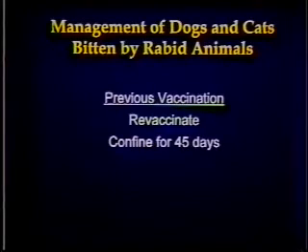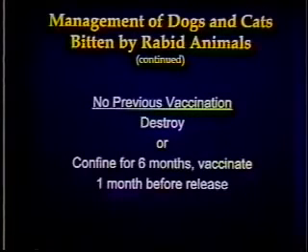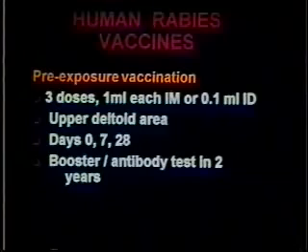If that animal did not have a valid vaccination previously, then that animal is quarantined for 6 months, or preferably destroyed and the brain examined for rabies virus. If the owner is unwilling to sacrifice the animal, then there is a 6-month quarantine period to allow for the incubation period that we talked about earlier, and a vaccination prior to release.